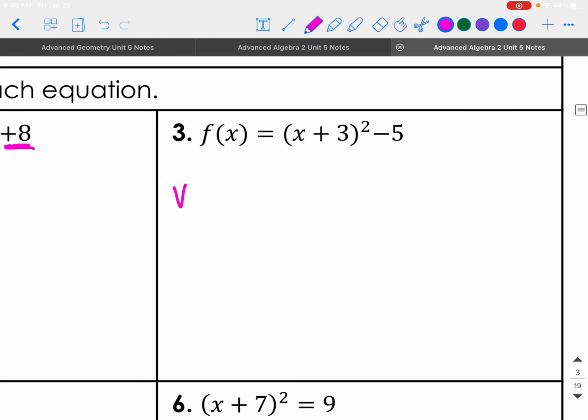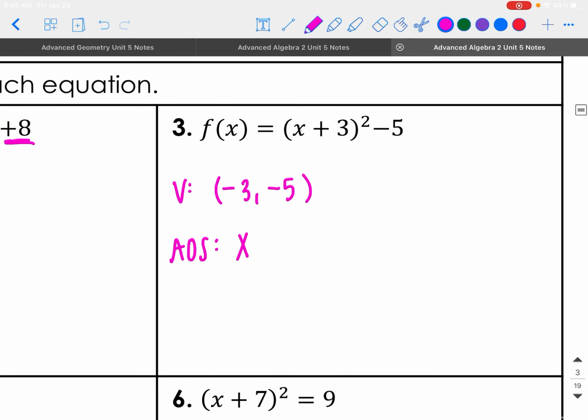Number 3, the vertex, negative 3, negative 5. Axis of symmetry, x equals negative 3.